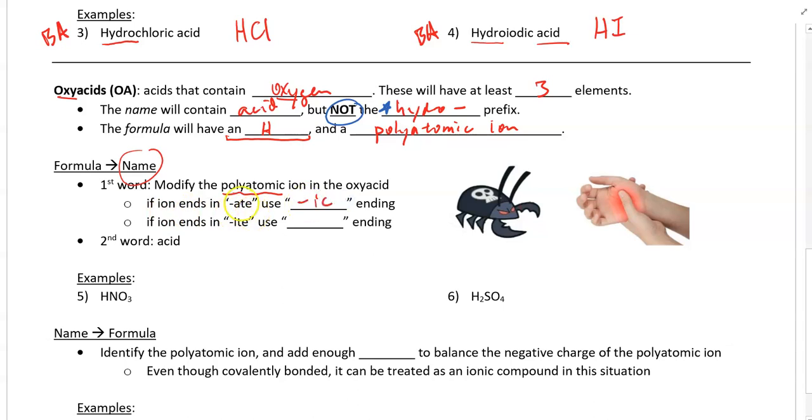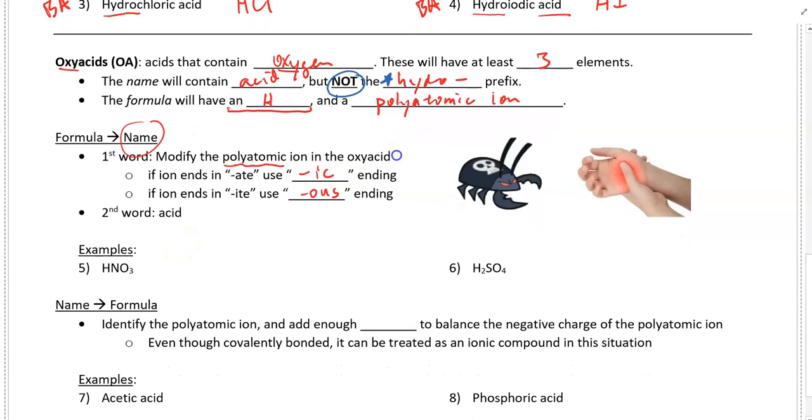So ate gets switched to ic when you go from the polyatomic ion to the acid name. If the ion ends in ite, we use the ous ending. So ite becomes ous. Ate, ic; ite, ous. That's the first word. So we take the polyatomic ion, switch the ending in the first word. And then the second word is just acid.